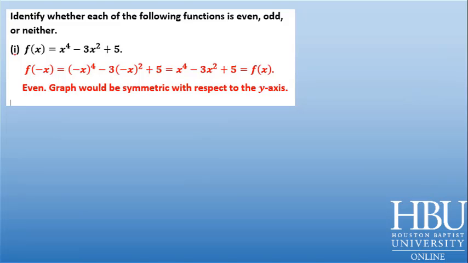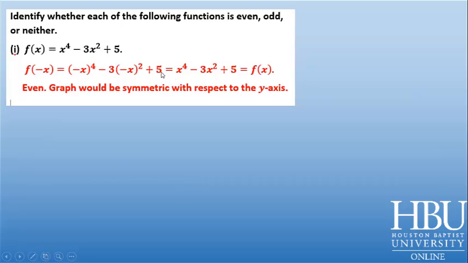Suppose f of x equaled x to the fourth minus 3x squared plus 5. Then f of minus x would be minus x in parentheses raised to the fourth power, subtract 3 times minus x in parentheses squared, plus 5. Well, a negative sign raised to an even power is positive.